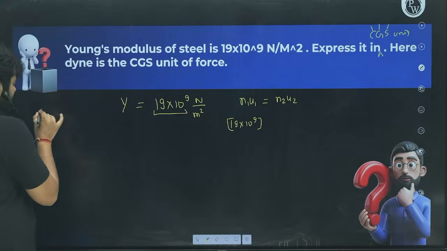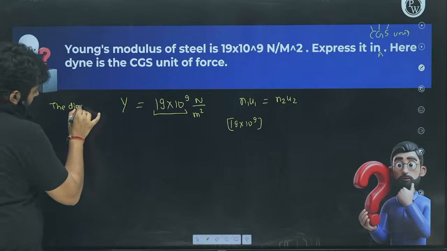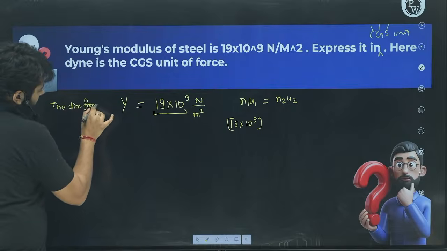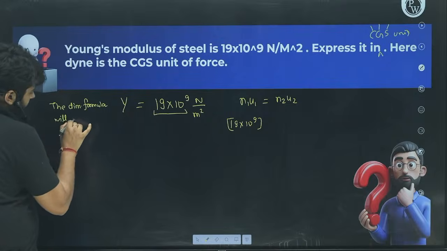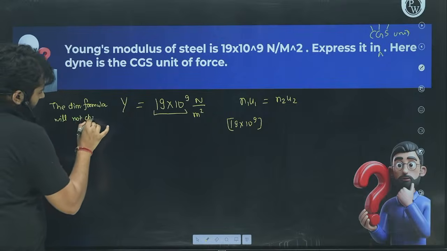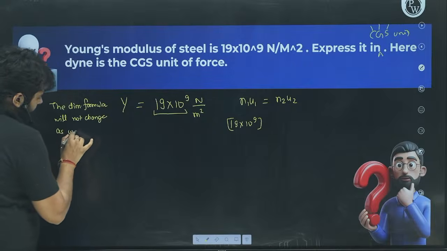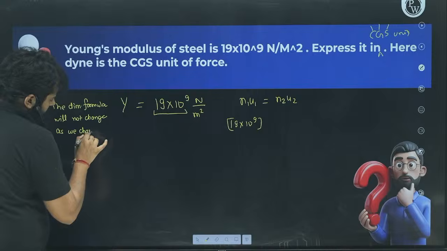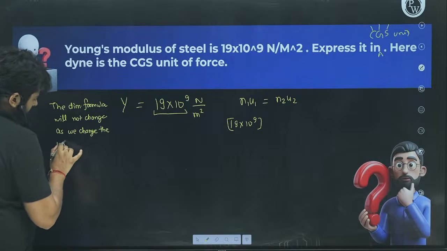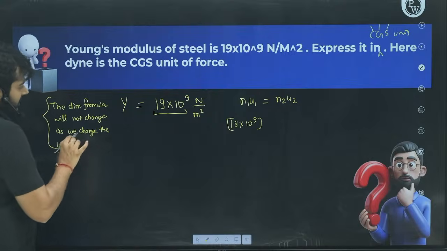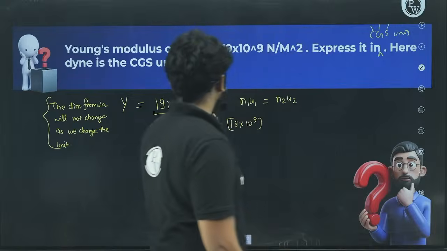We can say that the dimensional formula of a quantity does not change upon changing the units. Yes or no? The formula will not change as we change the units. Very clear, right? So what is the dimensional formula right now?